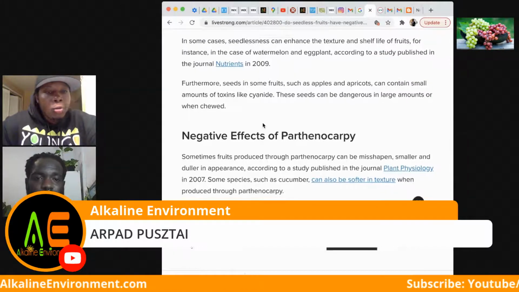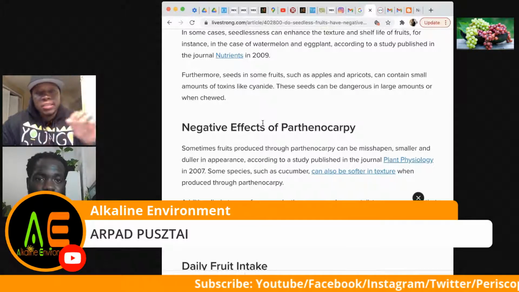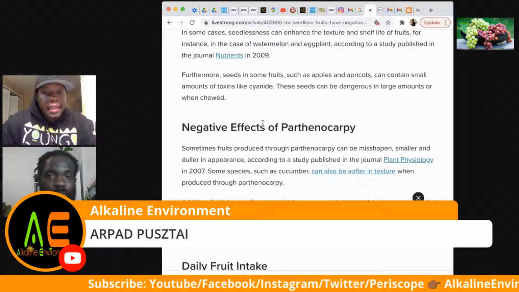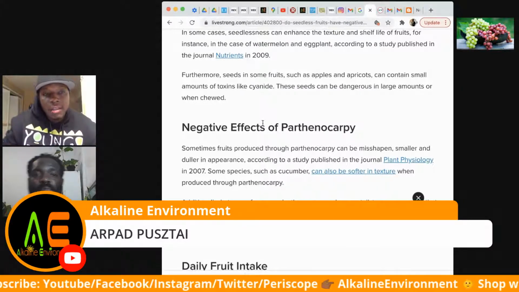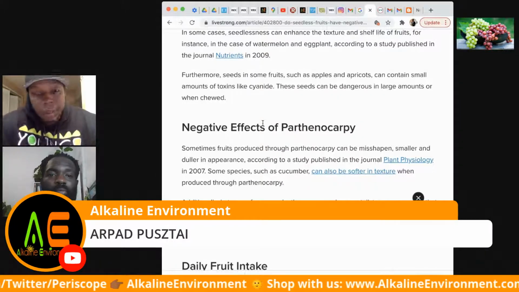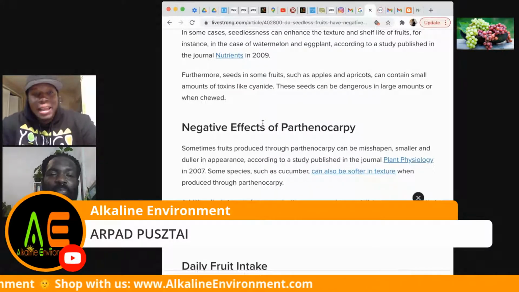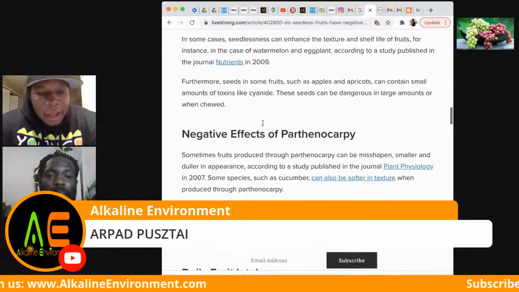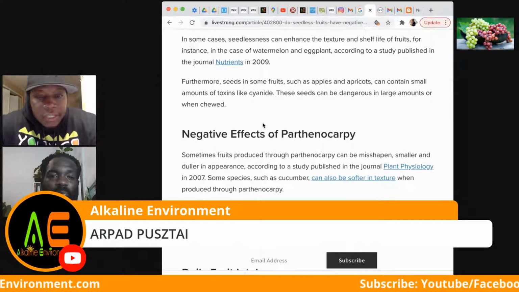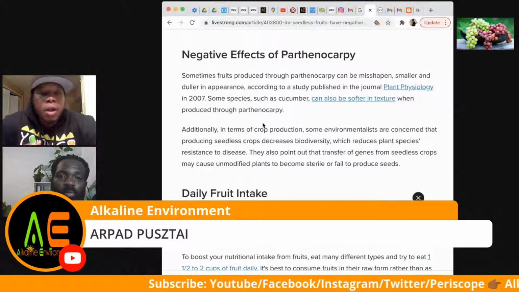Furthermore, seeds in some fruits such as apples and apricots can contain small amounts of toxins like cyanide. That's why I tell people to be careful. Don't listen to people telling you to eat some damn seed and go get some cyanide. These seeds can be dangerous in large amounts or when chewed. Now, negative effects of parthenocarpy.